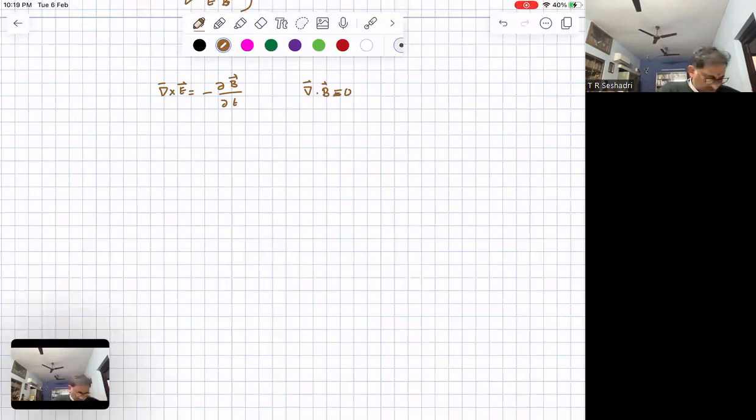And then I have another set of equations which are to do with curl B and divergence of E, just to make sure that I don't make a mistake in the sign. First pair of Maxwell equations.